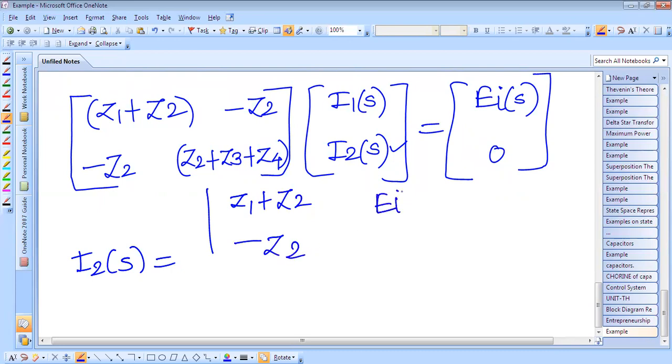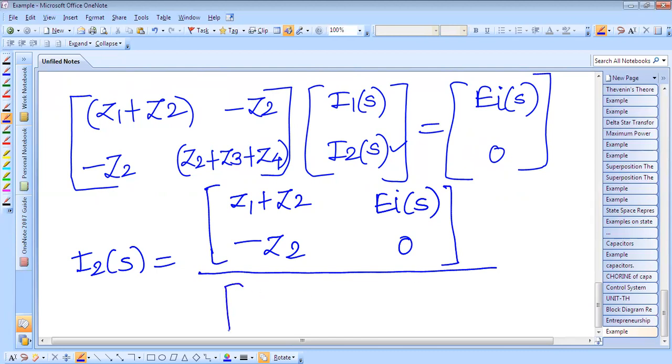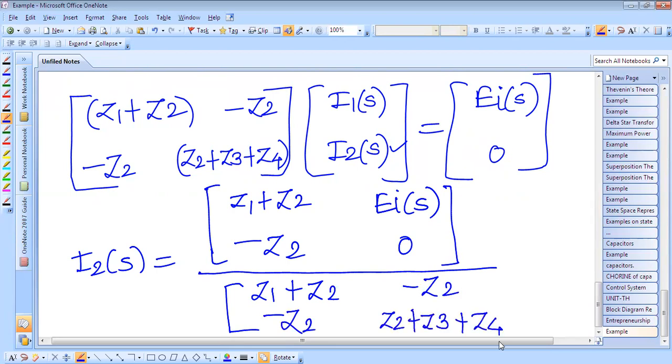This is EI of S, 0, and divided by the determinant Z1 plus Z2, minus Z2, minus Z2, Z2 plus Z3 plus Z4.